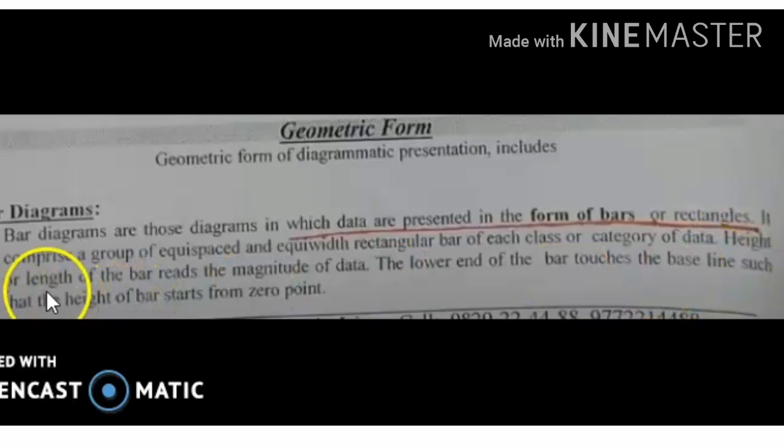The height or length of the bar reads the magnitude of data. The lower end of the bar touches the baseline, so that the height of the bars starts from the 0 point. So this is the bar diagram definition.